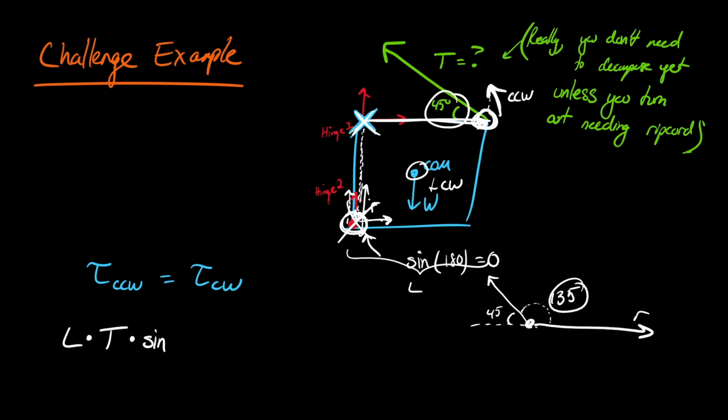However, luckily, sine of 45 and sine of 135 are the same thing, so you get away with it if you accidentally did sine of 45. But I'm going to be really correct here and do sine of 135. Okay, perfect.